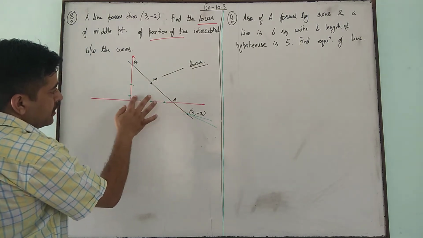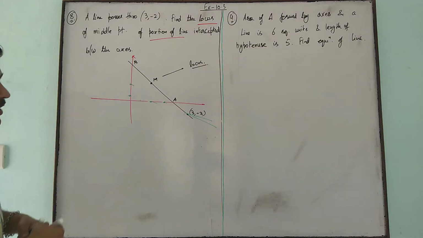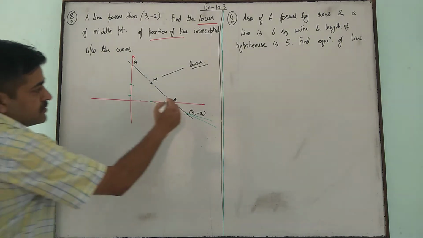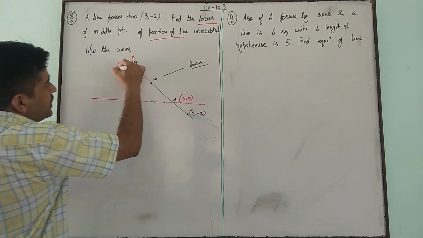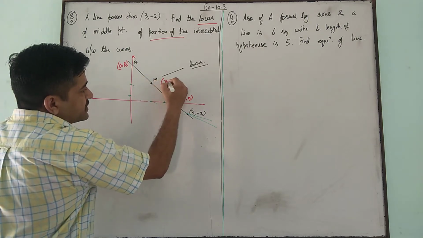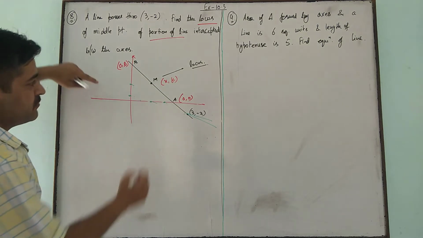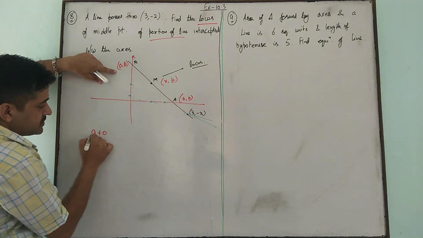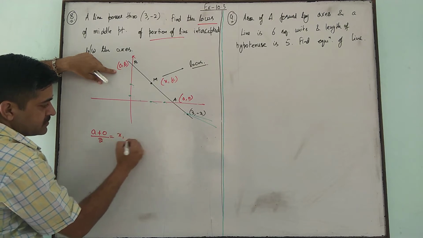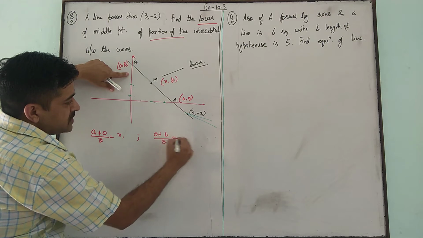First of all, as we know this is the middle point, we are considering this as A,0 and this is 0,B. The midpoint is, let us say, x1, y1. Then by the midpoint formula, (A plus 0) upon 2 is equal to x1 and (0 plus B) upon 2 is equal to y1.